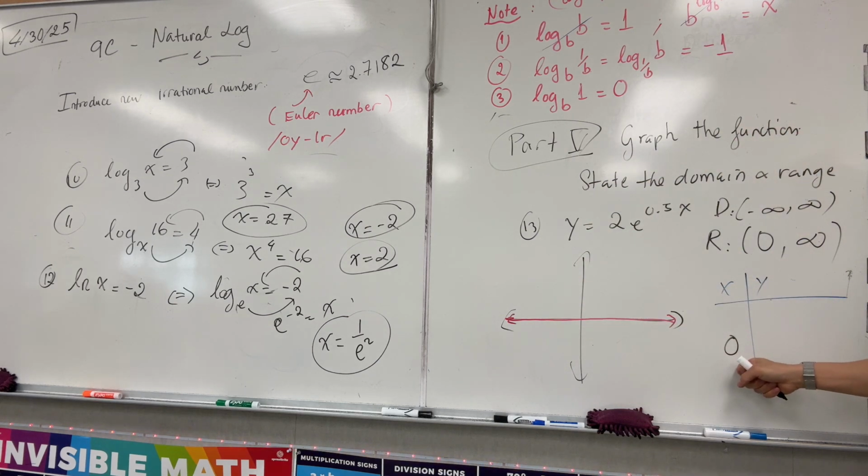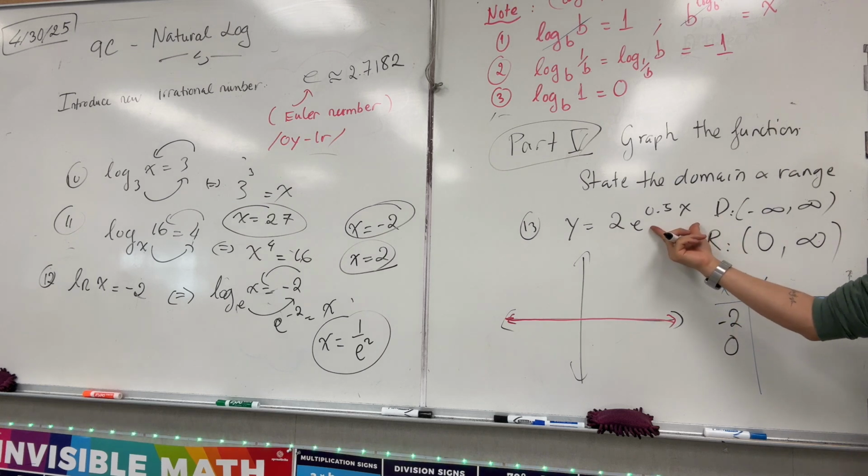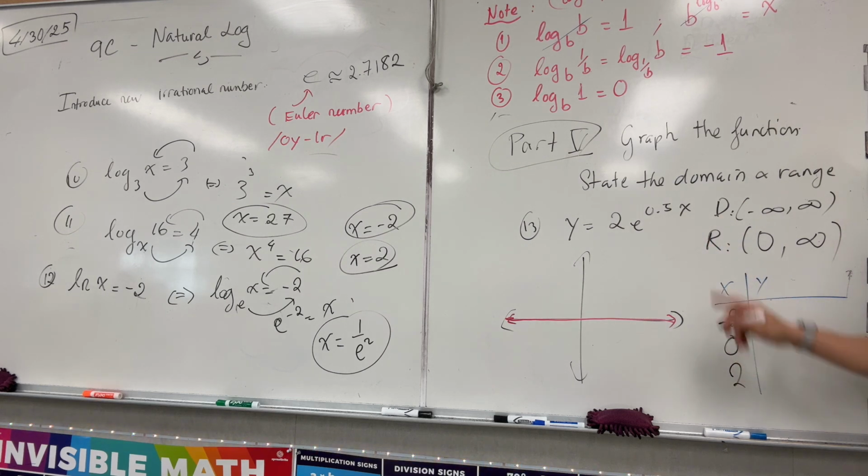You've got the 0 ready. How do you make this one become -1? -2. -2 times 1/2 is -1, right? So -2. How do you make this one become 1? 2. So when you plug it in, you're going to have 2 times e to the -1, right?